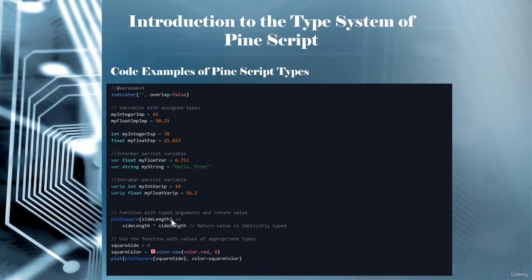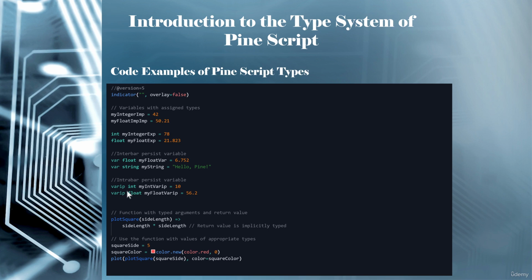In the next example, we use the keyword varip, meaning that this variable is intrabar persistent. Intrabar persistent means that for a real-time bar, the value between ticks is persistent.